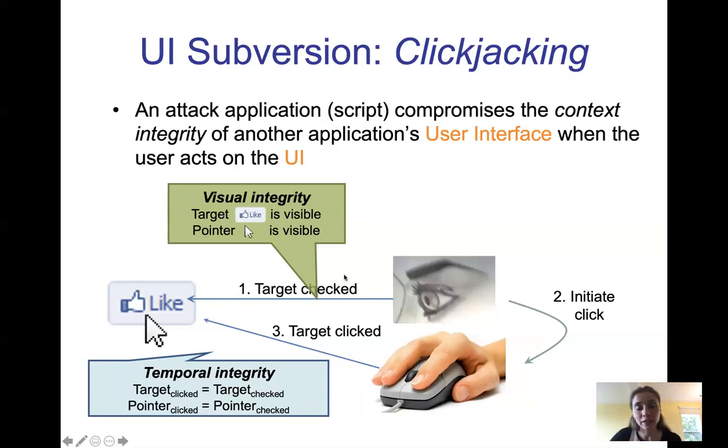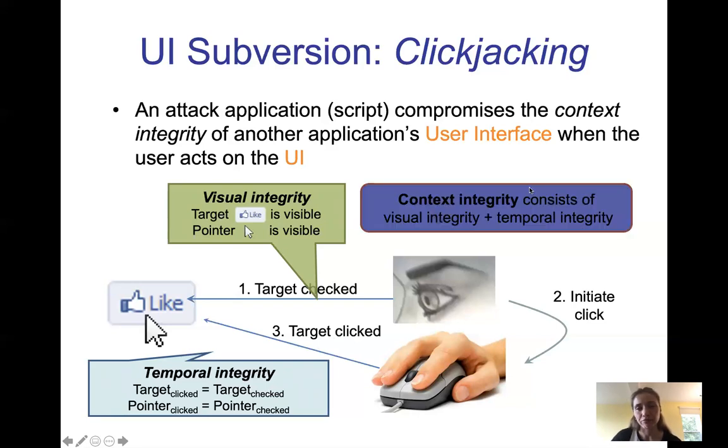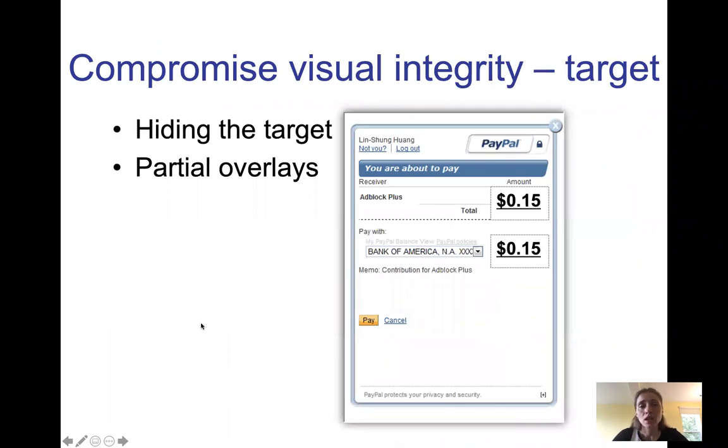Okay, so this is what happens when you have integrity, but we'll see how an attacker can compromise these aspects. So you have context integrity when you have both visual integrity and temporal integrity. And clickjacking can attack any one of these integrity aspects. So in this particular case, there's an example of compromising visual integrity because the target that the user looks at, that the user checks, is different from the one that's relevant to the click.